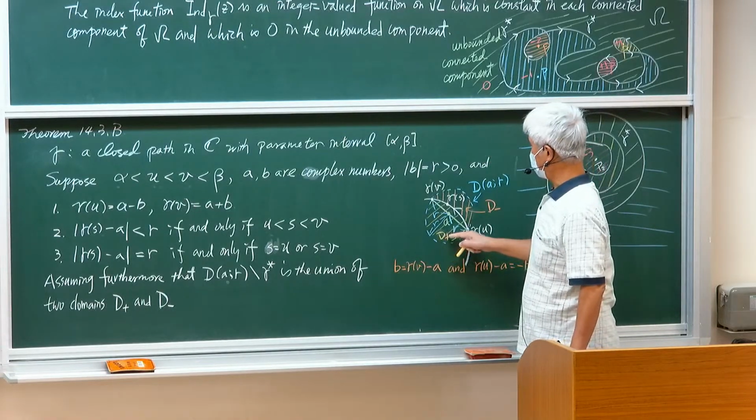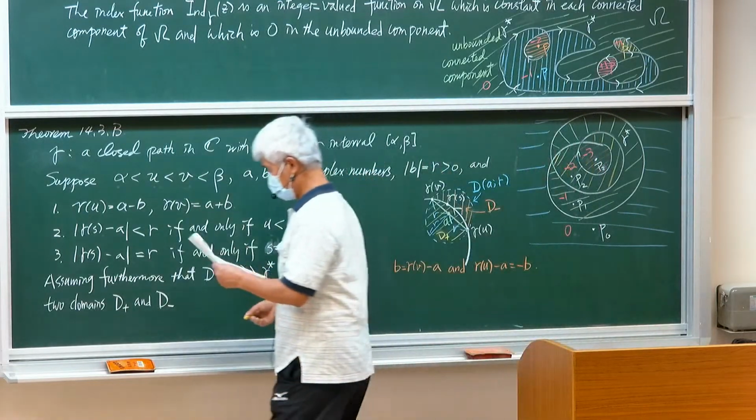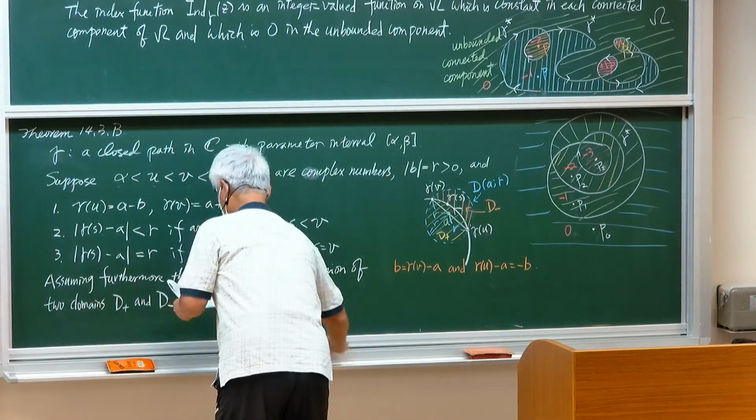And how do we identify D plus and D minus? So we label this.